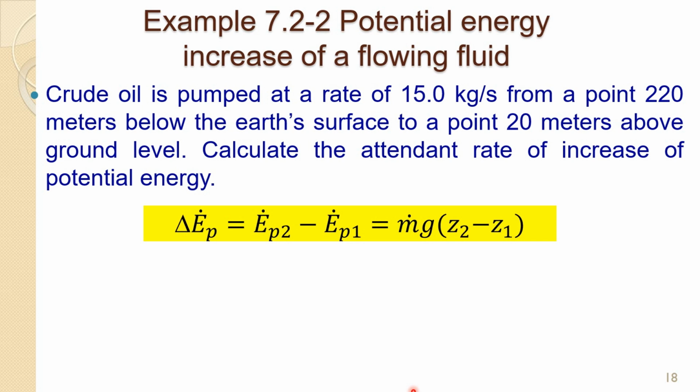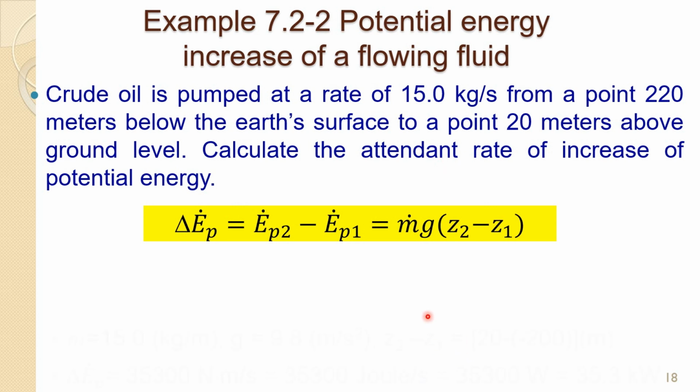Okay, so another example: crude oil is pumped at a rate of 15 kilograms per second from a point 220 meters below the Earth's surface to a point 20 meters above ground level. Calculate the attendant rate of increase of the potential energy. So this is easy. You have water and you want to pump it to a higher place.